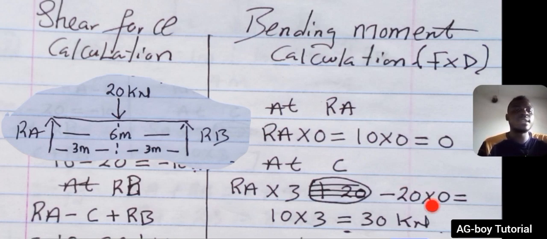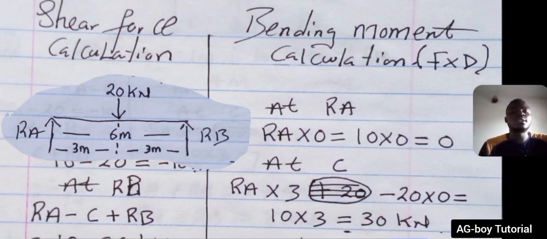Remember, these are 20. That is where you are taking the moment from. So it has a distance of 0 at that moment. So by the time we multiply our RA, which is 10 multiplied by 3, this one is also automatically 0. So we are going to have 30 kilonewton as our bending moment at this point here.